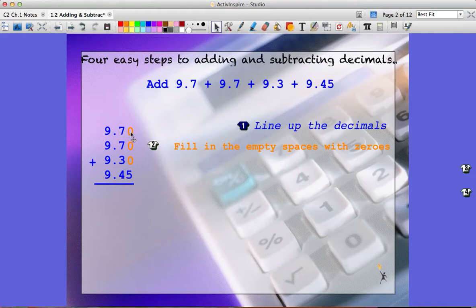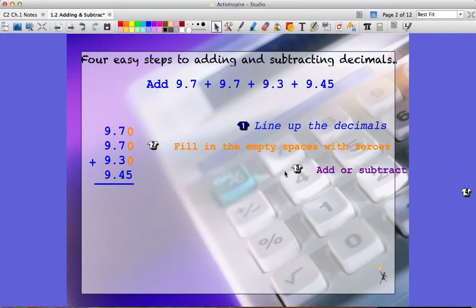And this changes only from 7/10 to 70 hundredths, and these two things are what we call equivalent. So 7/10 is equal to 70 hundredths, so we are able to add those zeros and not change the value.